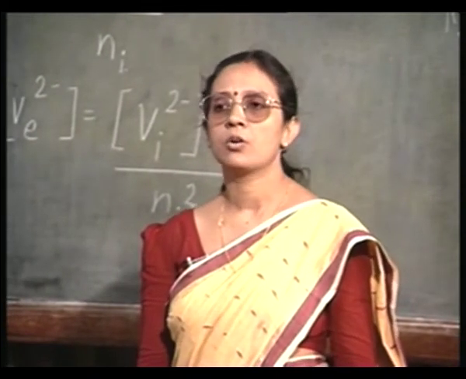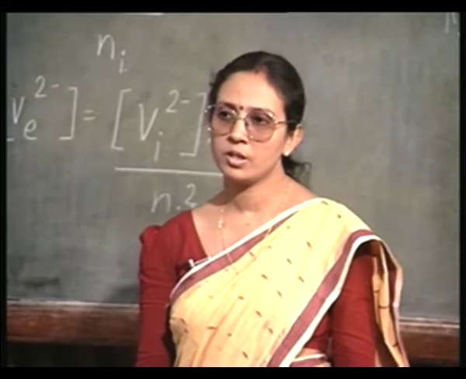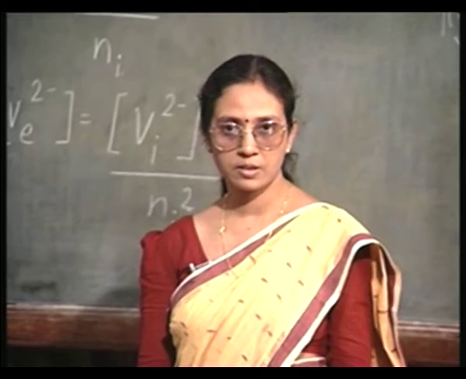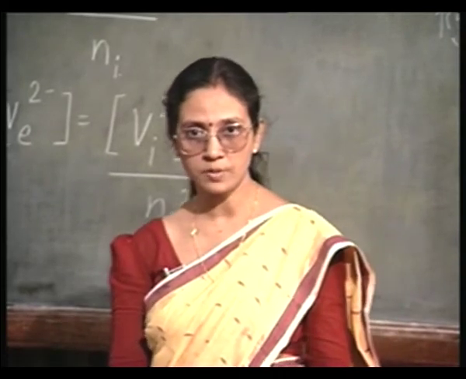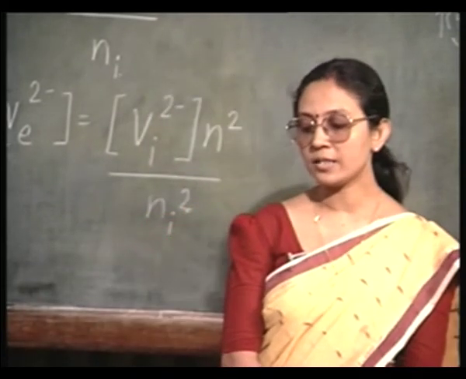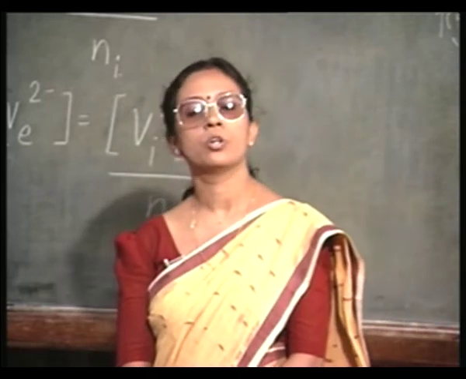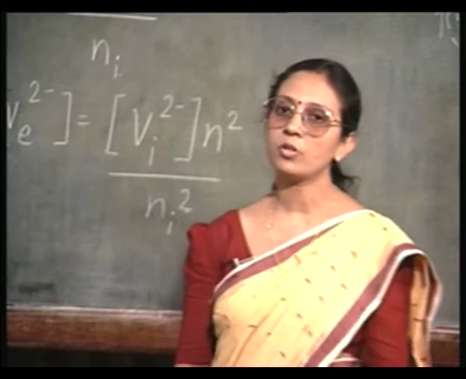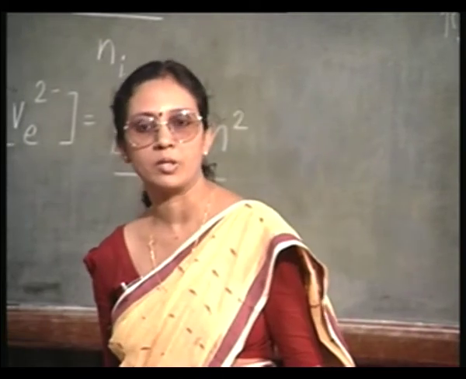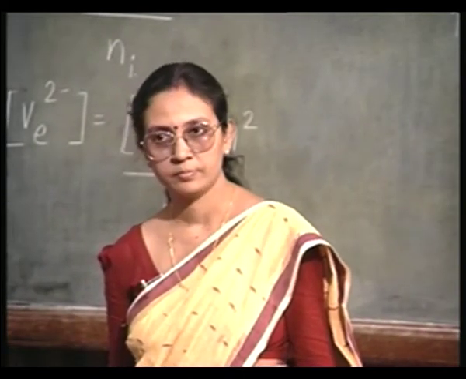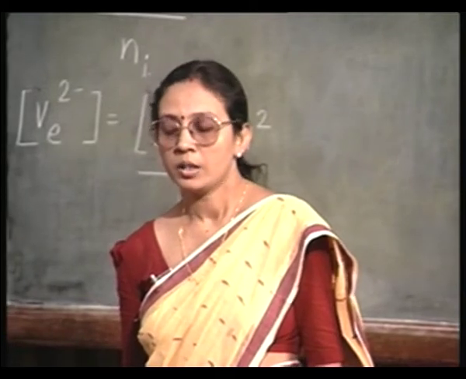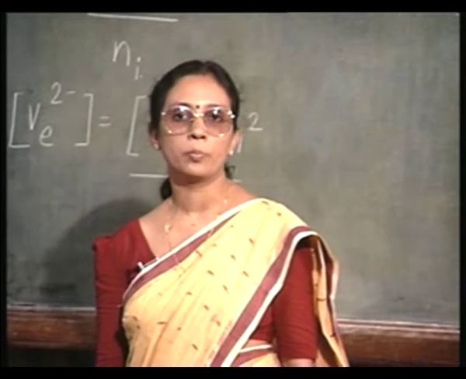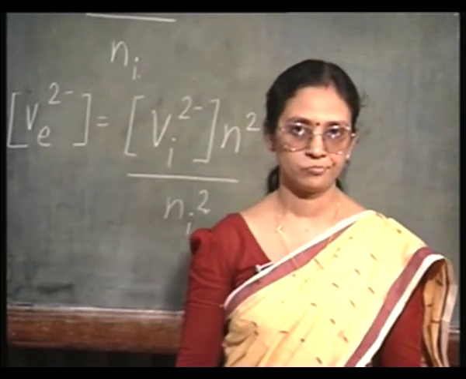Just like oxidation, even here you use a fused quartz tube, because that gives rise to the least contamination. And the temperature of diffusion is also approximately the same as the range of temperature for oxidation, 800 to 1200 degree centigrade. The question is the choice of dopant sources.